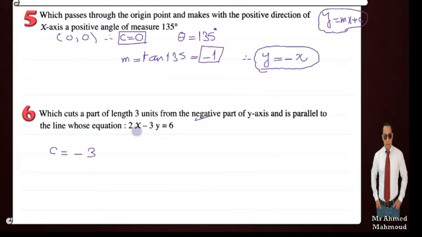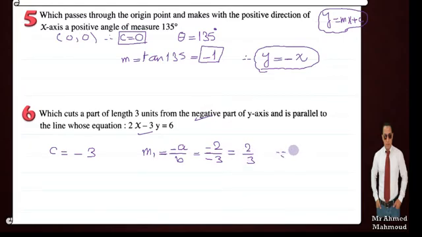Remember with me the slope. If we have two parallel straight lines, then their slopes m1 and m2 are equal. m1 represents the slope of the given line, which is negative a over b. A equals 2, b equals negative 3. It will be negative 2 over negative 3, negative over negative is positive, equals 2 over 3.